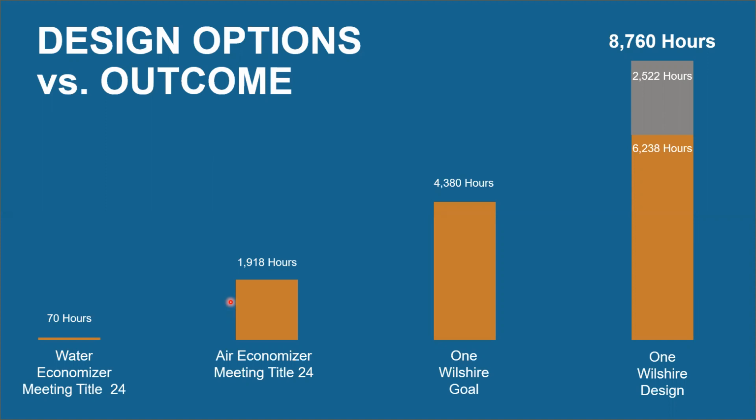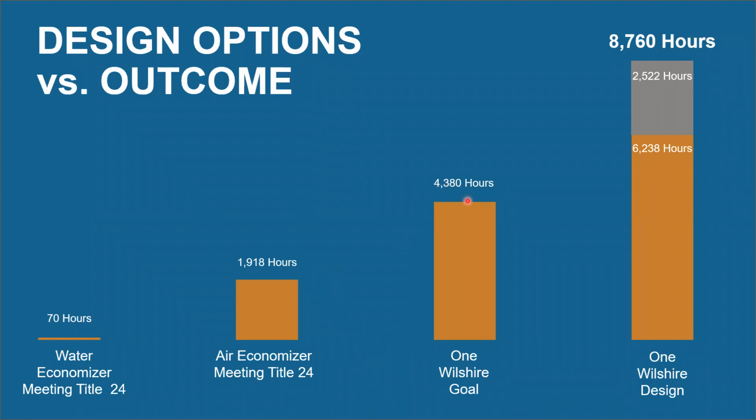That's that little tiny column to the extreme left. If it's an airside economizer, Title 24 requires 1,918 hours of operation. So you can see, compared to what is normally experienced, the One Wilshire goal of half the operating hours with no compressor was quite aggressive.